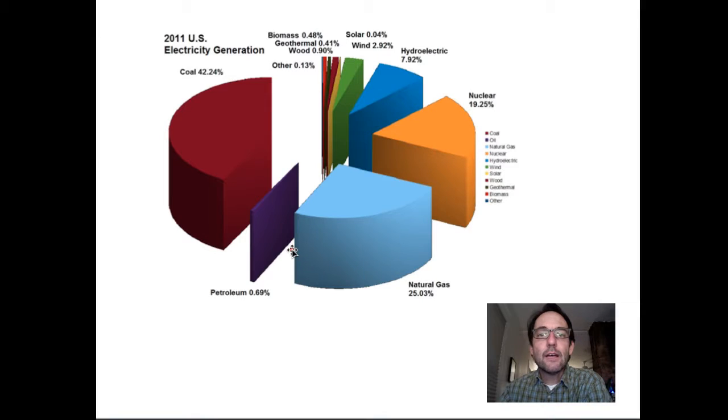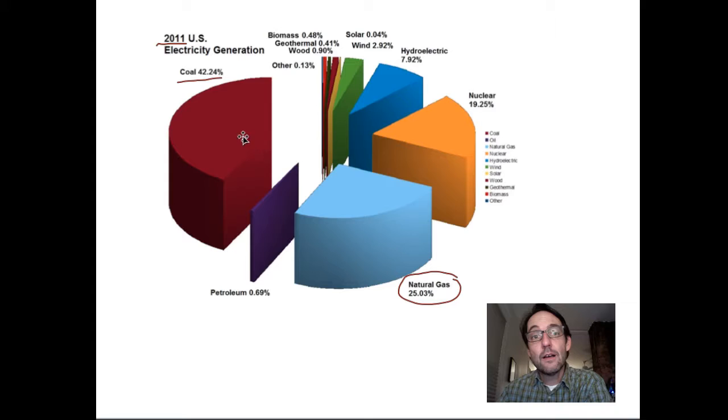If we look at just electricity, we can see that coal is really our major source of electricity in the United States, with natural gas coming in second. These numbers are from 2011. In your book, I think it's around 2008, so the numbers are a little different.